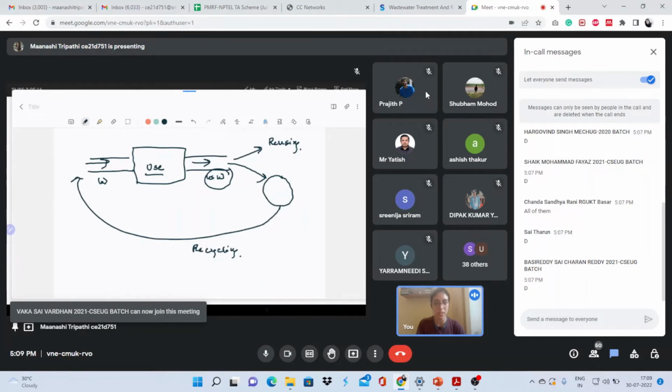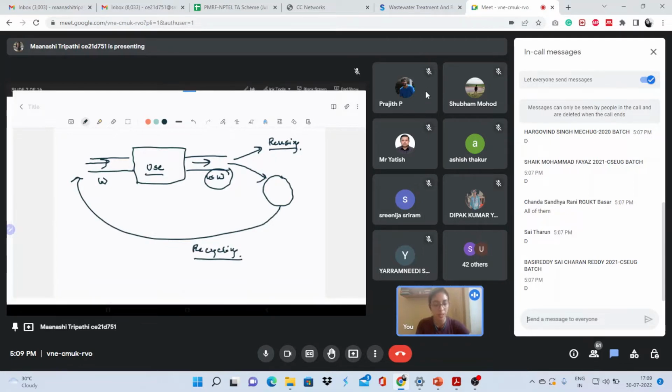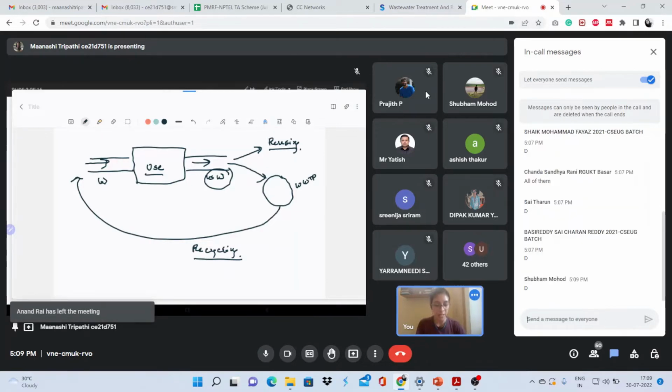There is a pretty big difference between recycling and reusing. Recycling means you will clean that water, and you are drinking the water, or you are washing clothes. Water goes out of your bathroom drain to the wastewater treatment plant, where it is getting treated. Then this water is again coming to your home.